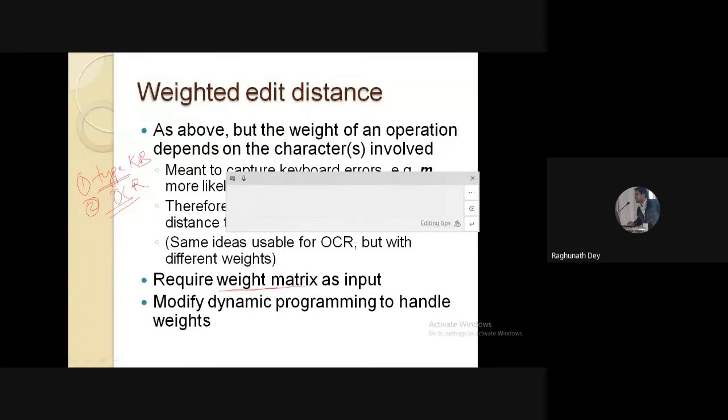Again consider the same previous example: the characters D, O, and I. If you are typing the text by the help of the keyboard, the distance between D and O will be more, whereas the distance between O and I is very less.